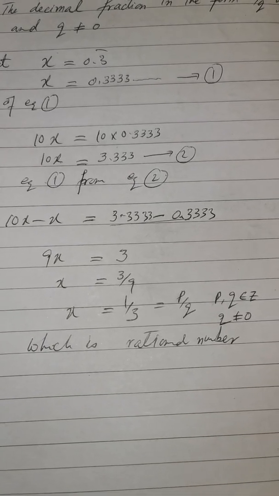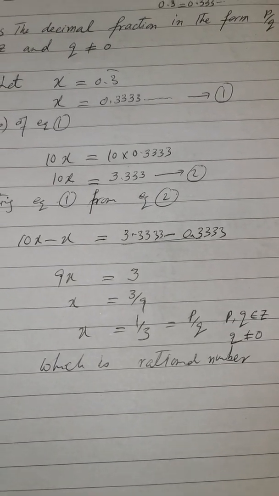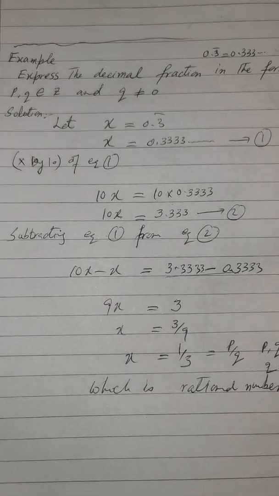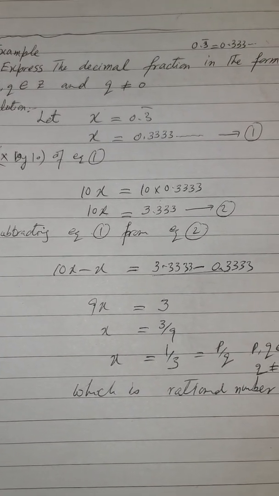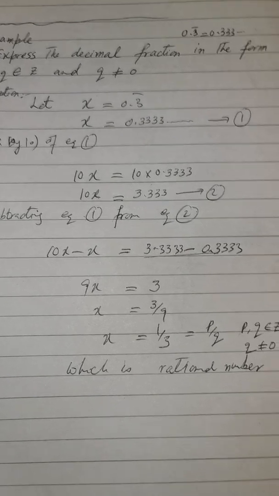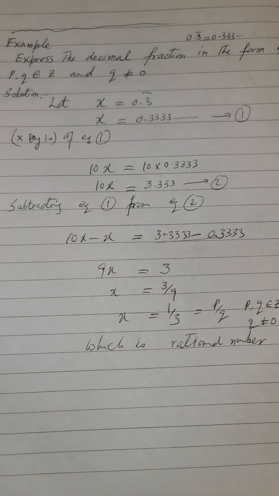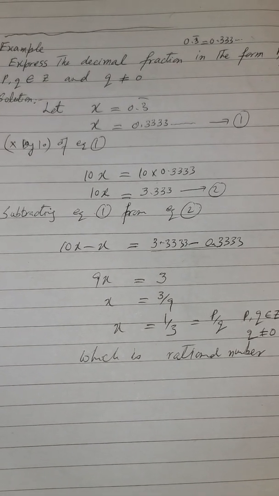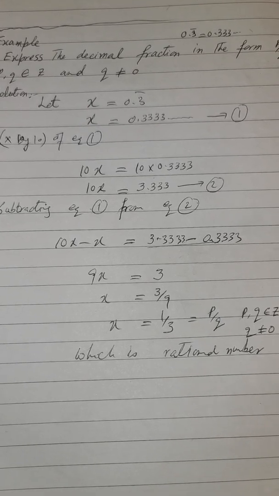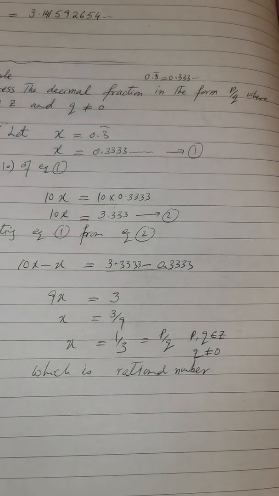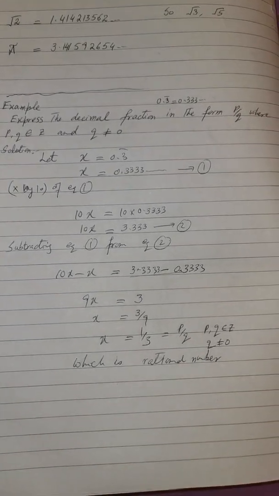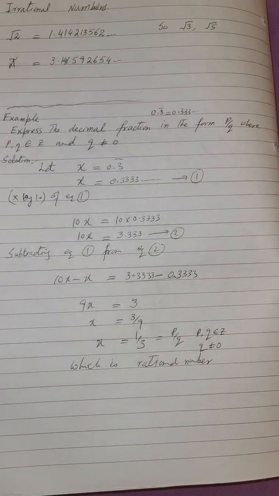When you take away, you will get the answer like that, and you can show that your given decimal fraction can be written in the form p over q, and p and q belong to Z. You have to mention these two conditions, and q is not equal to 0 at the end, and in this way you can do the solution.